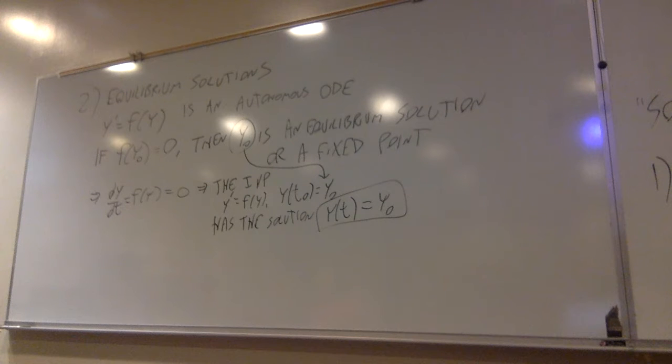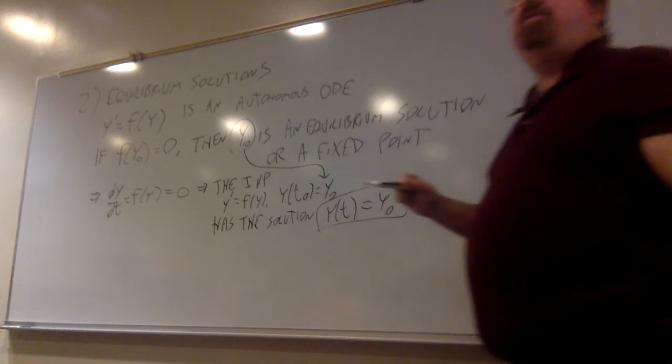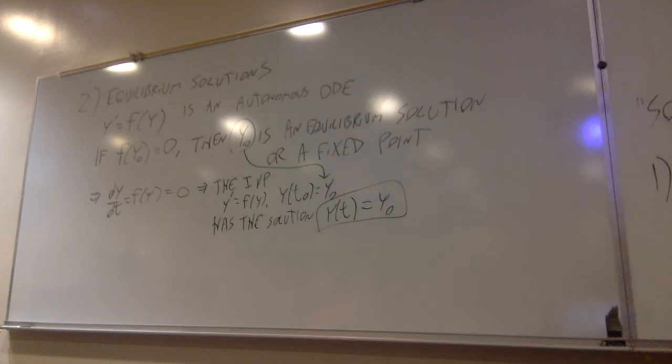So that'll give us an idea of which initial values lead to constant solutions. But then we want to see what happens for the other values of y naught that are not equilibrium solutions. Does a solution approach those equilibrium values, or does it diverge away from them? Okay.